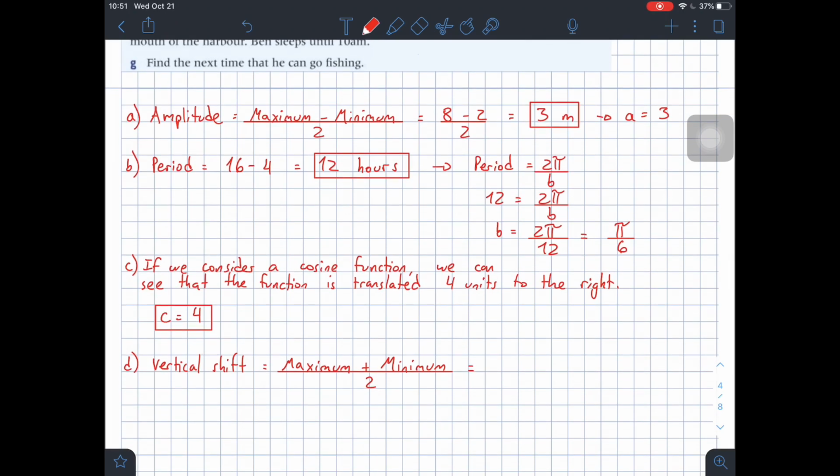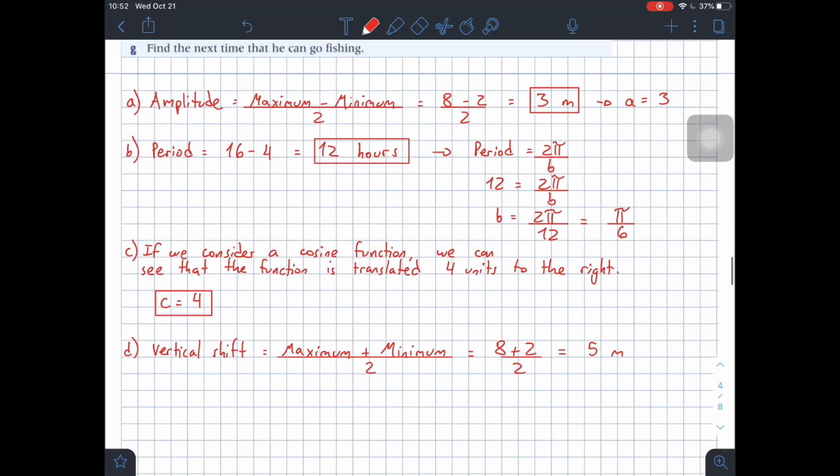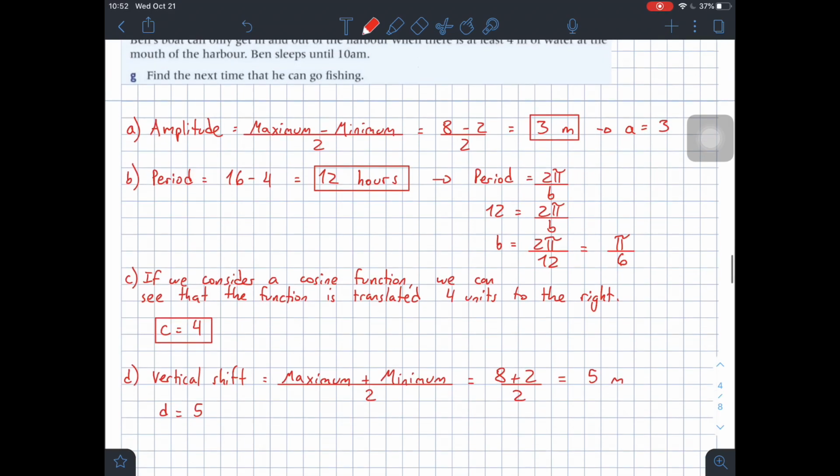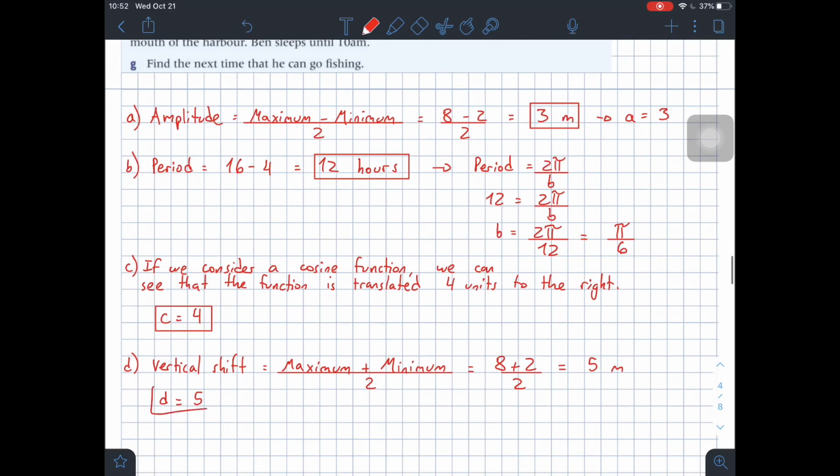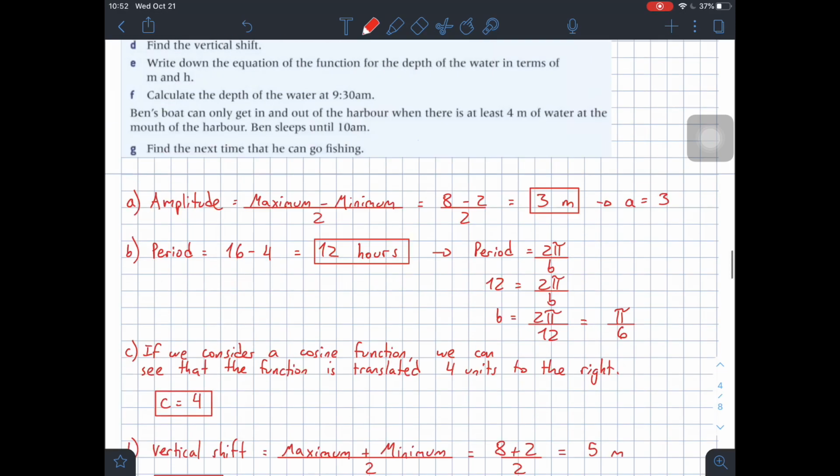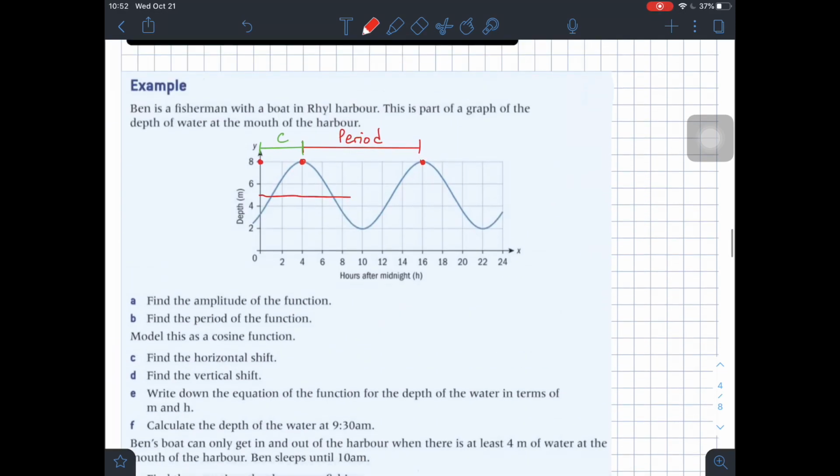So this would be equal to 8 plus 2 divided by 2. 8 plus 2 is 10, and divided by 2, that's 5 meters, okay? So that's our vertical shift, which means that our value of D would be equal to 5. And with this, we confirm that the axis is at 5, right? So here's the axis, and this value is 5 over here.